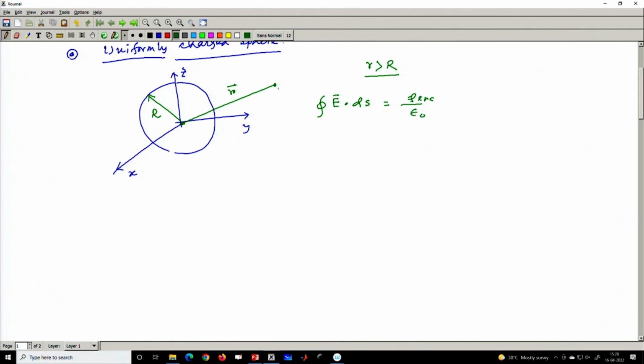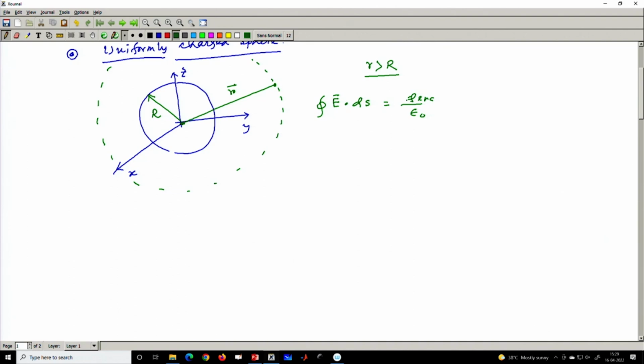So, I should consider a bigger surface having the radius r like this. This is my Gaussian surface, and for the closed surface integral it should be q enclosed divided by epsilon 0.